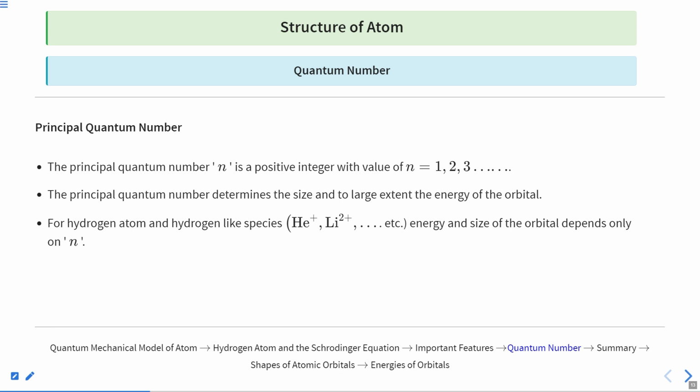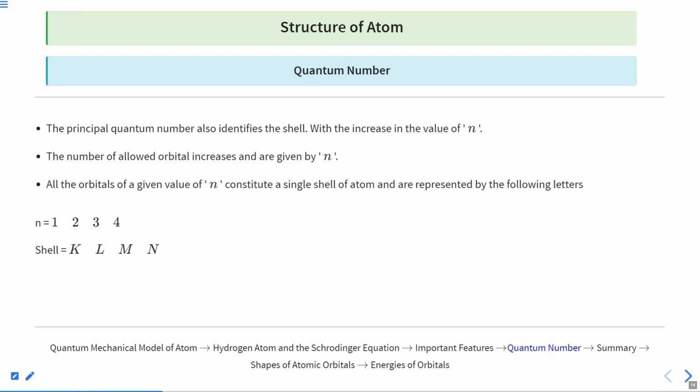Of course, for multi-electron species this trend varies. It still depends upon the principal quantum number, but there are many factors like electron repulsion and attraction that will totally decide the size of the orbital. Clear?